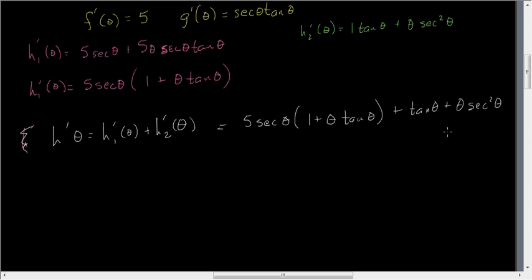Okay, so now let's see what happens. How can I make this look a little bit neater? Out of this group here, let's try to pull out a secant. Secant, remember, is 1 over cosine. And so I'm going to pull out a 1 over cosine. This gives me 5 secant theta times 1 plus theta tangent theta.